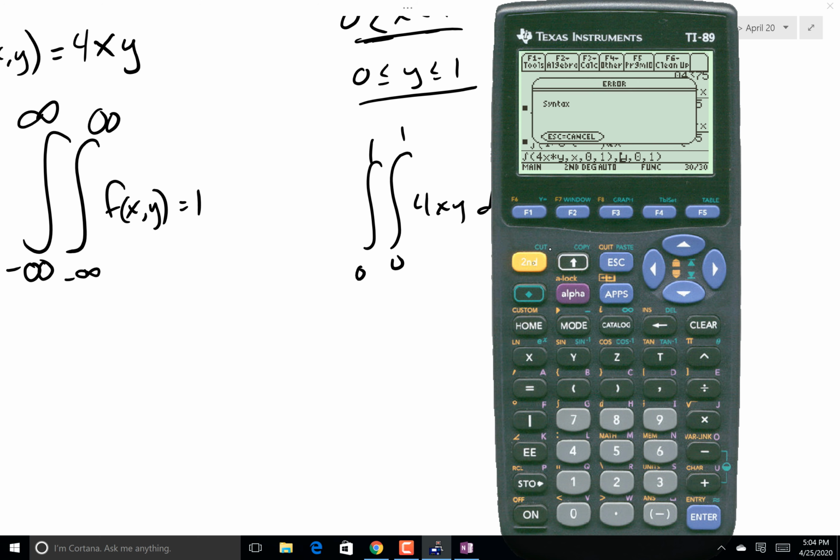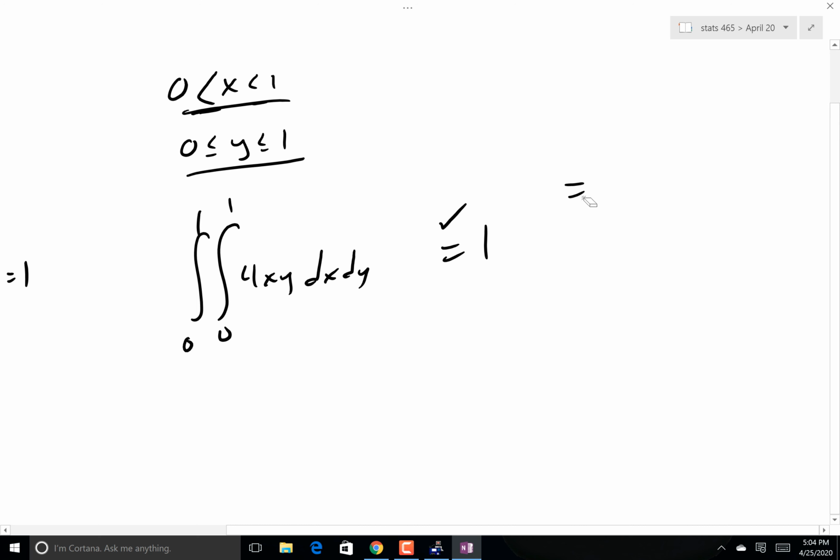Oh, I messed that one up. Maybe if you're going to do a double integral, you have to put two integral signs on there. Yay, it's 100%. And because it equals 1, check, it is a PDF.